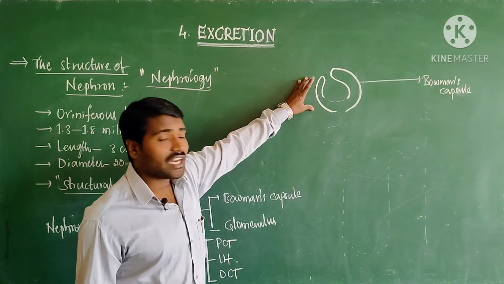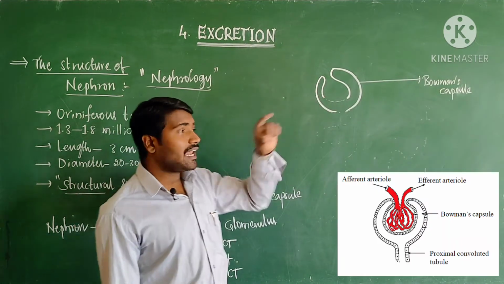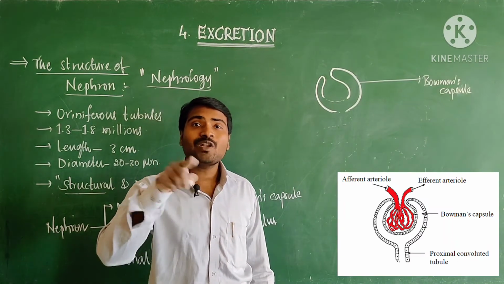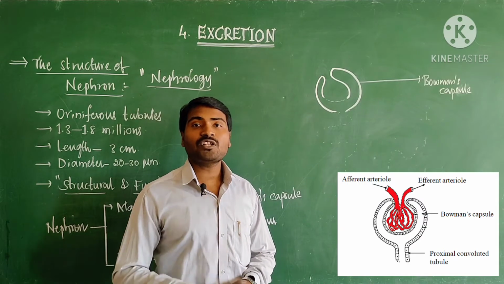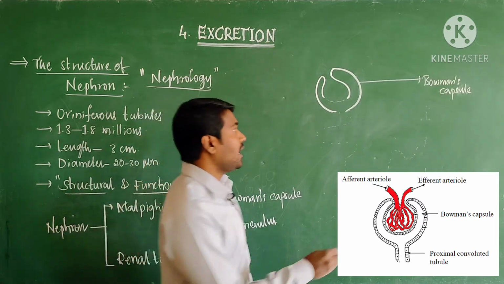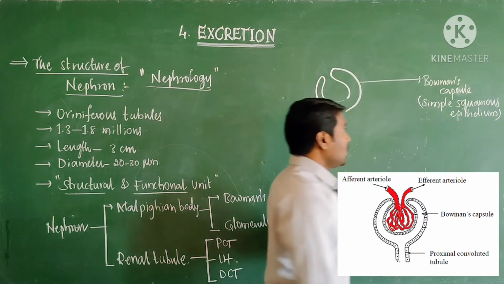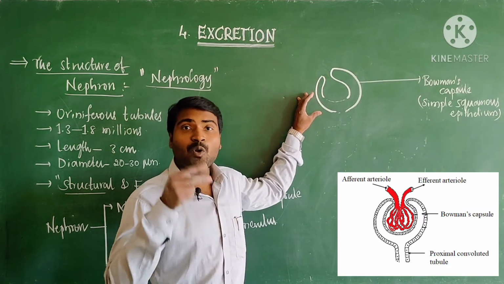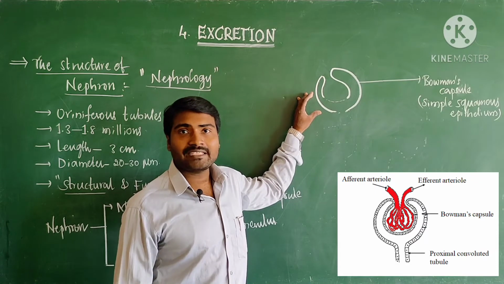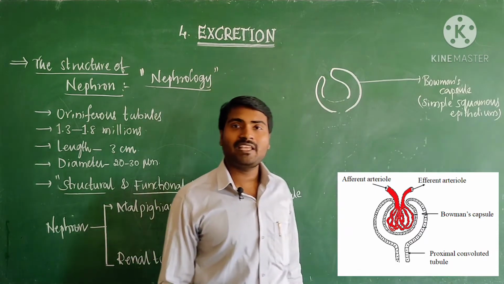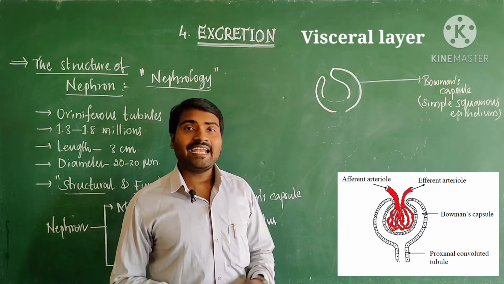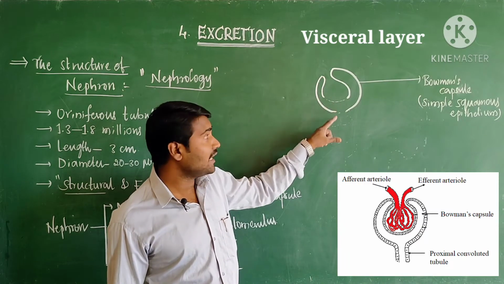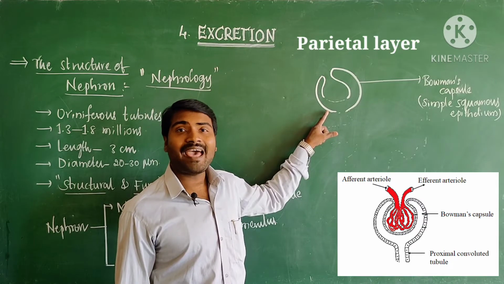If you see the structure of Bowman's capsule, there are two layers, a double-layer structure, and these two layers are made up of simple squamous epithelium. The inner layer is known as the visceral layer, and the outer layer is known as the parietal layer.